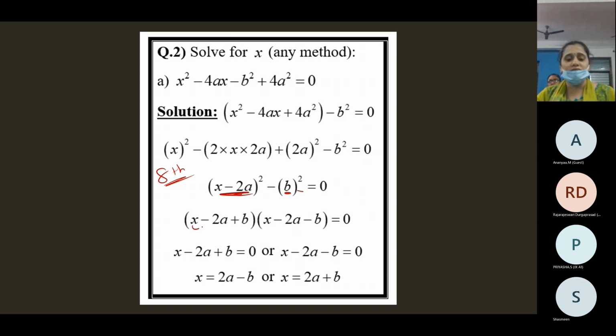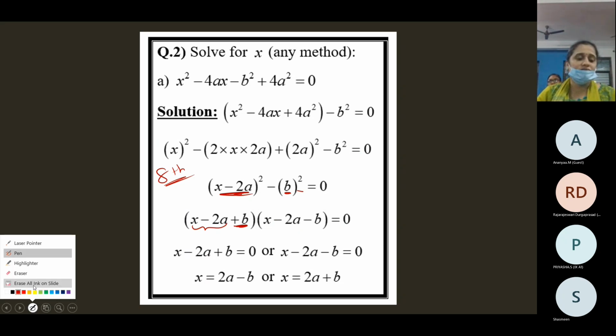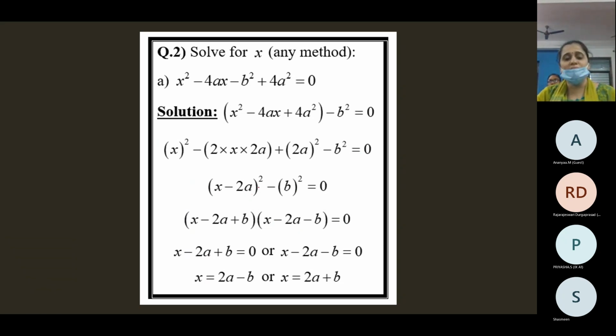Or if you say p square minus q square, the p term is x minus 2a and the q term is b. So p plus q is x minus 2a plus b, and p minus q is x minus 2a minus b. P plus q into p minus q is p square minus q square.